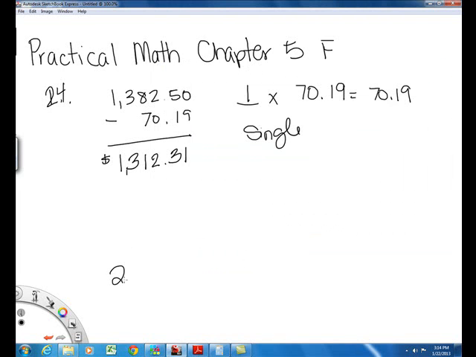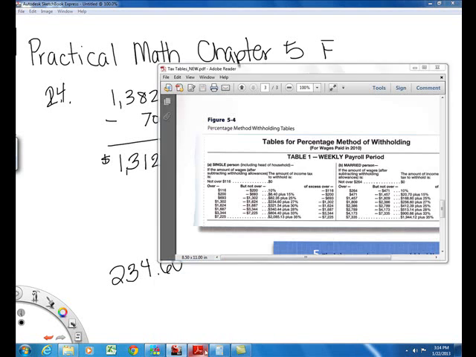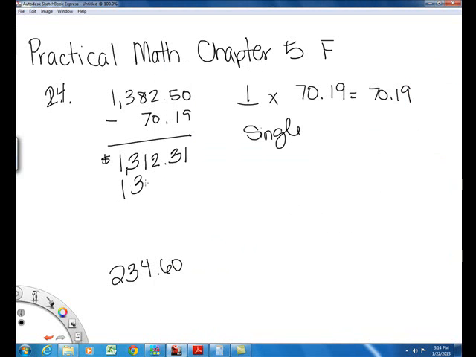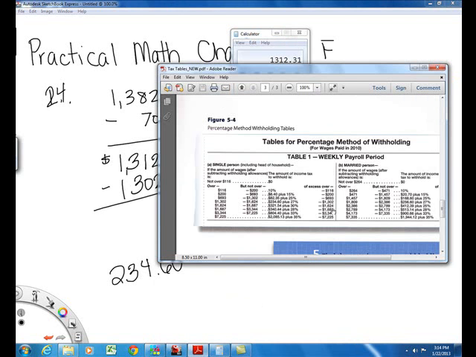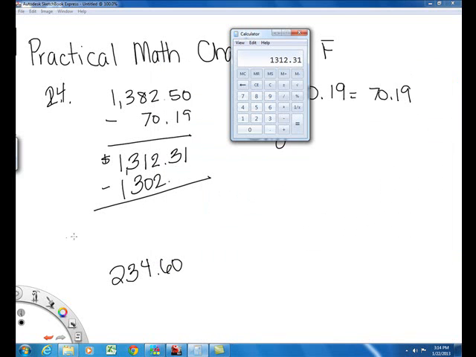So let me write that amount down. $234.60. And then $1,302. Everything in excess will be at what percentage? Well, I'm telling you, my memory's horrible. 27% of everything in excess of that.